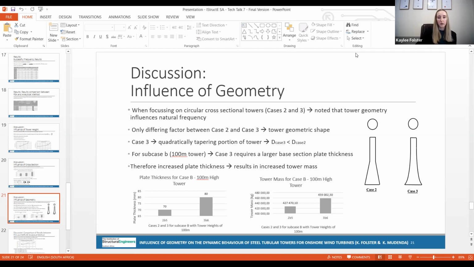So essentially, this is because of the fact that case 3, that lower quadratic portion, that tapering portion at the bottom, while it might seem almost aesthetically pleasing, it's actually not doing the tower any favors from a stiffness perspective because you're effectively losing material because of that tapering effect. So yeah, you can see the benefits of the uniform tapering there.